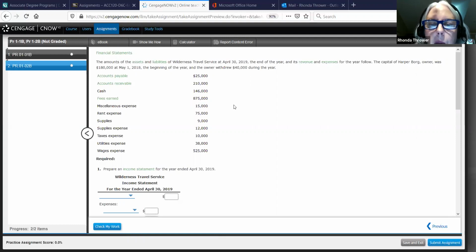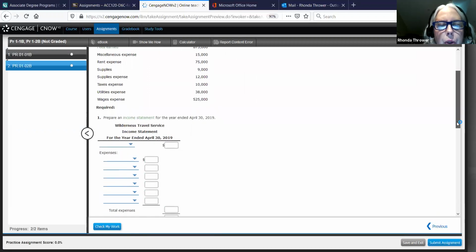And on the income statement, you're going to find all the revenue that you've earned throughout the period and all the expenses that you've incurred throughout the period. Now on Cengage, you can see that they've started an income statement for you, and you're just going to fill in the blanks. But it's very important that you know how to prepare an income statement properly.